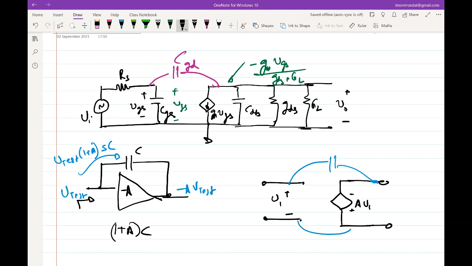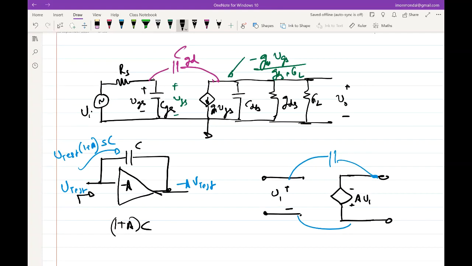For this, we have to find the full-blown transfer function between Vo and Vi of this contraption, right? There's no way out of it, because we actually have to find out whether the Miller effect is true or not, or what are the other consequences of putting a CGD across the terminals. Okay, so let's do that.